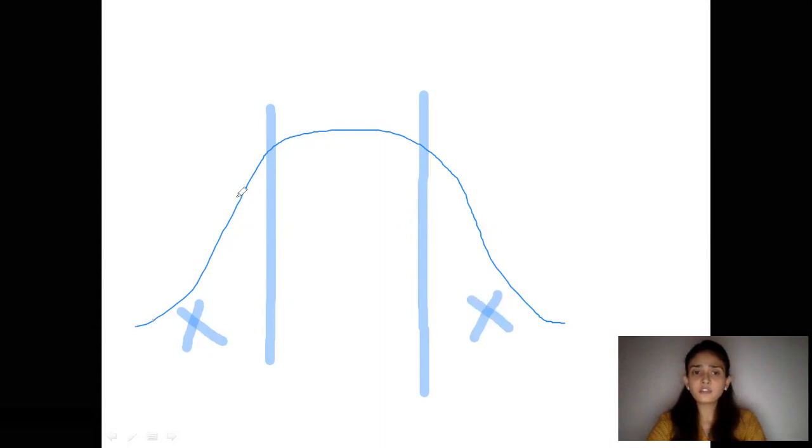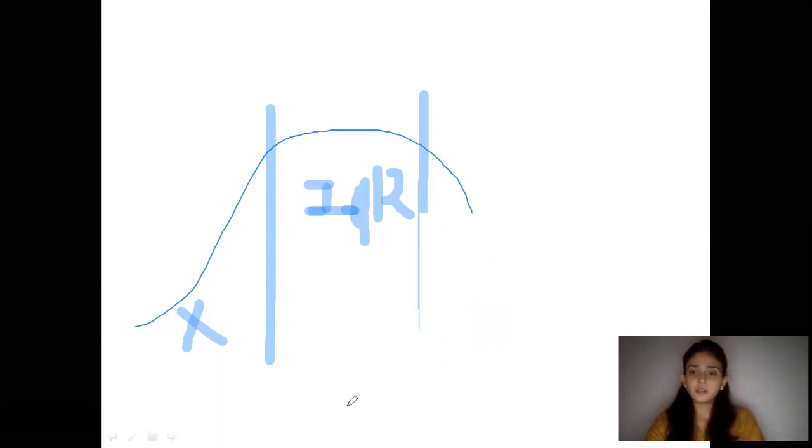If your histogram graph is like this, then your maximum values lie in this range. What is this? This is the distance between the first quartile and the third quartile. You can call this the IQR, the interquartile range, where your maximum values are present, with very few values on this side and very few on this side. So we are stopping it here. Thank you all.